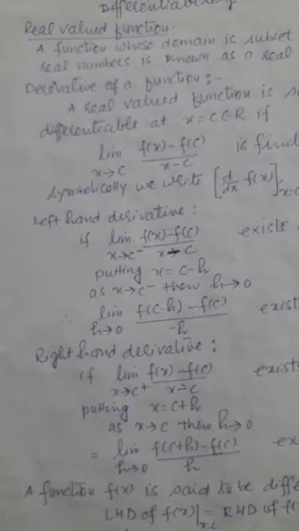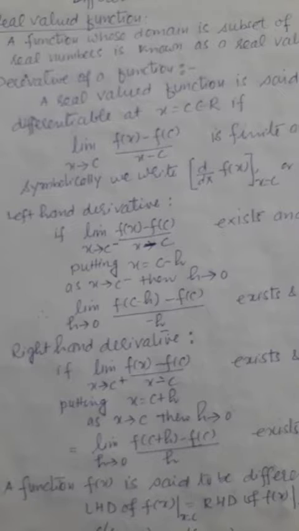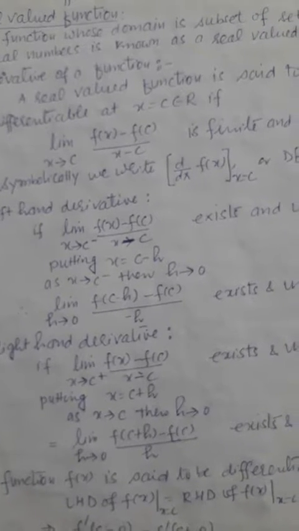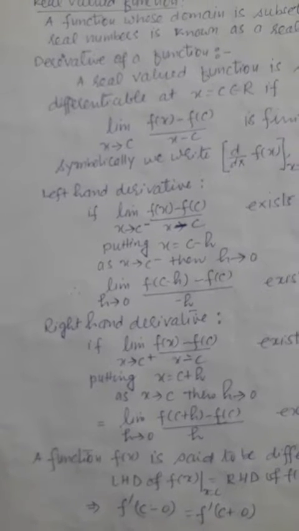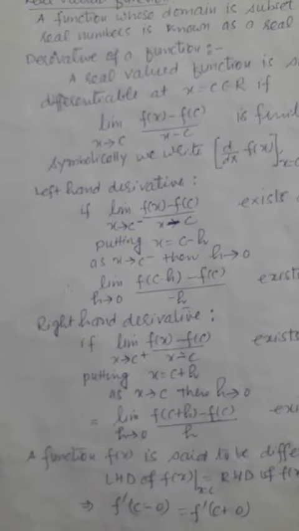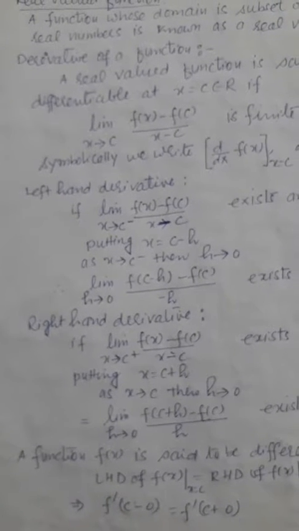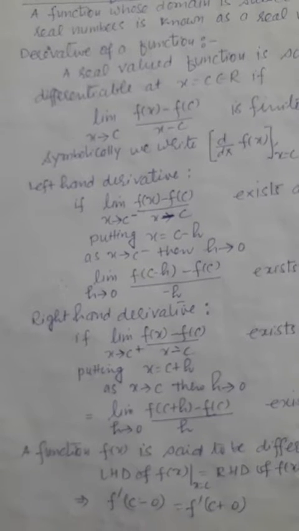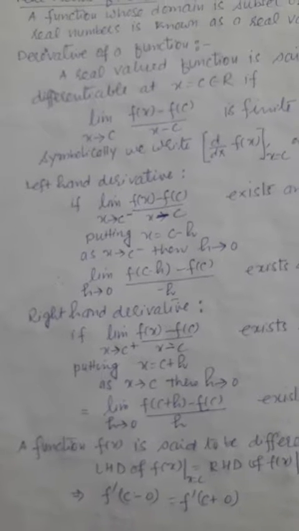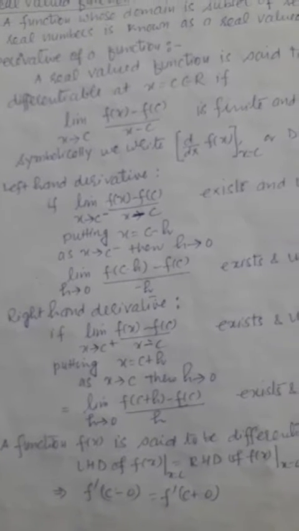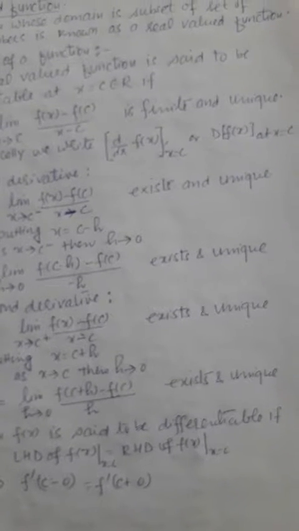Derivative of a function. A real valued function is said to be differentiable at x equal to c, it means at any real number, if the limit of f of x minus f of c upon x minus c as x tends to c is finite and exists, or unique, you can say.